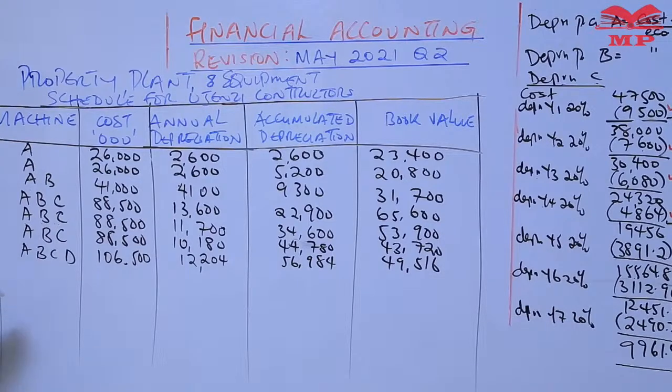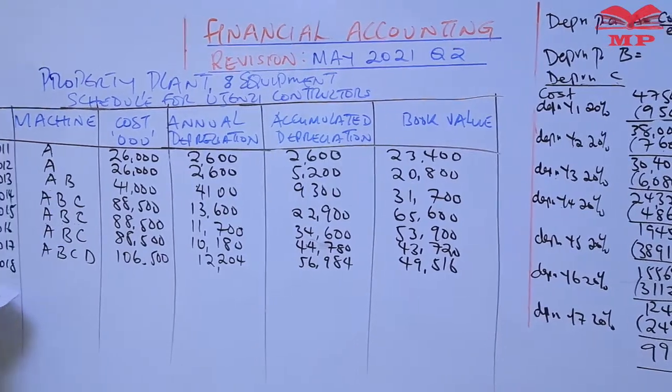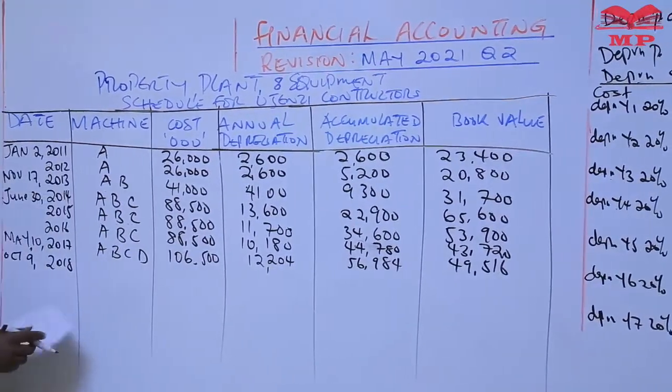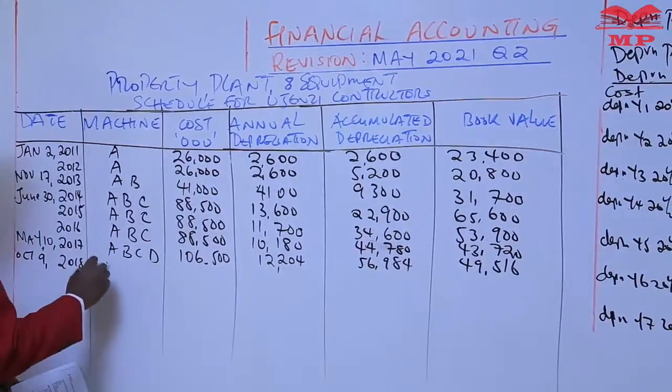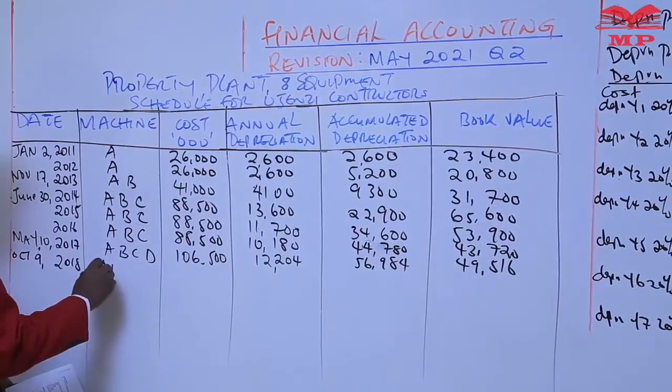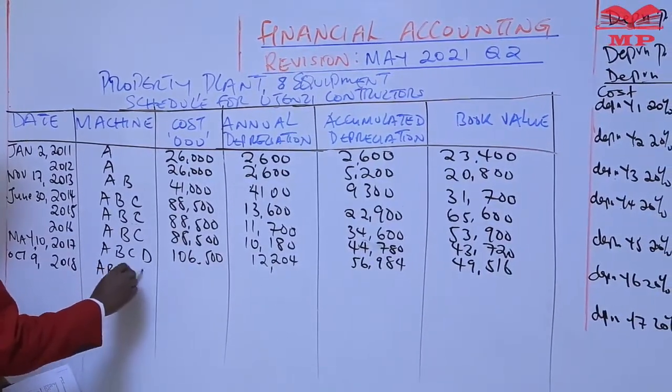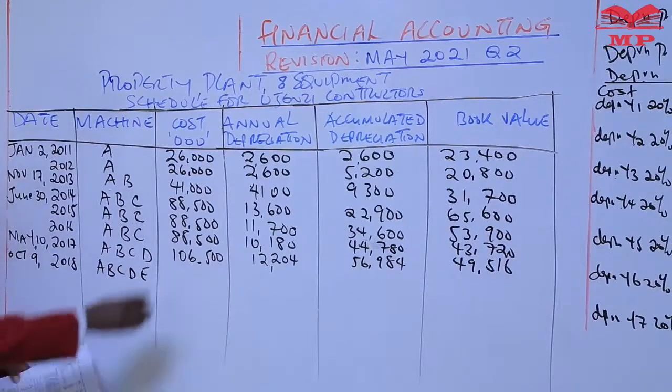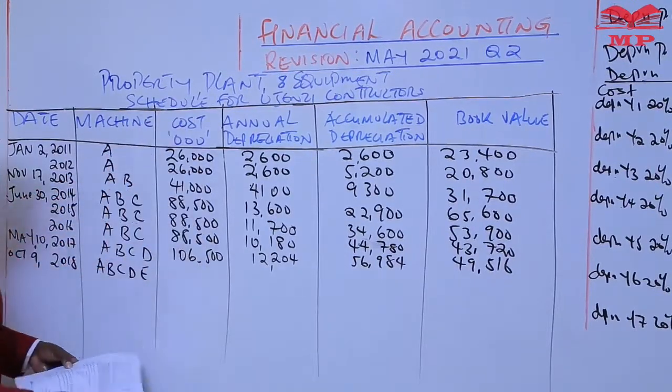We move on to year 2018. Is there any purchase? Yes. That is on October 9th, machine E was purchased. So in 2018, we have machines A, B, C, D, E. What is the cost?